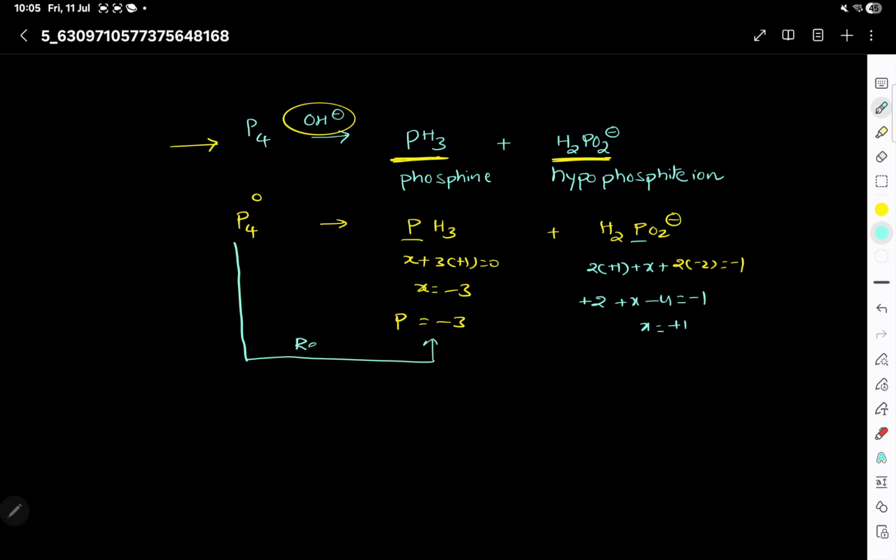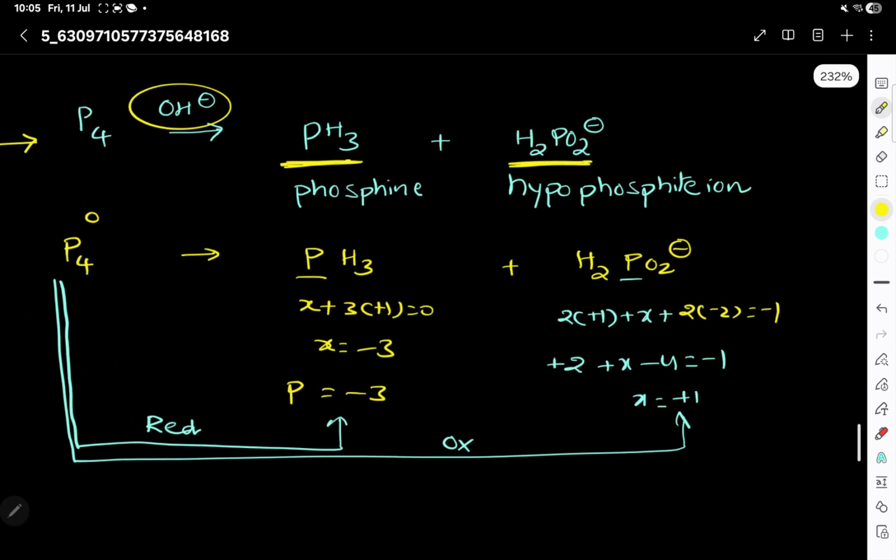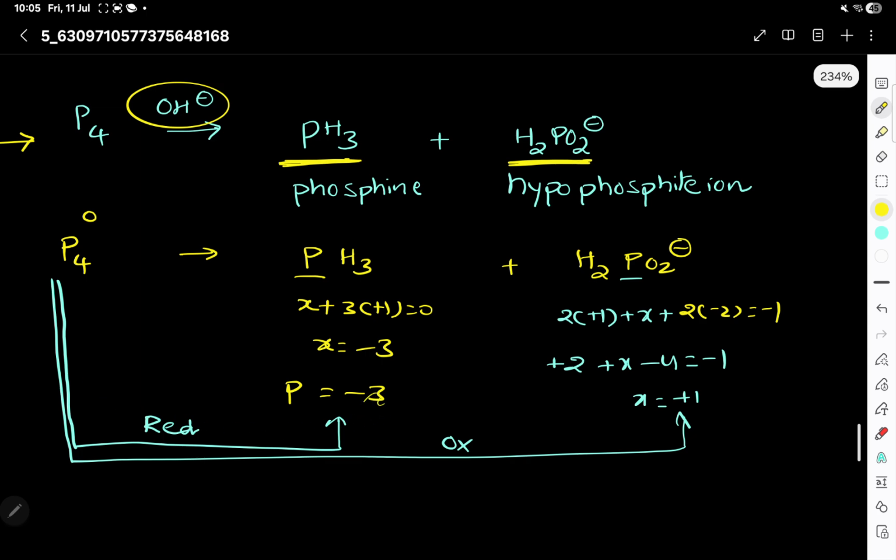From this, what I observed: phosphorus in the free state has 0 oxidation state. From 0 to minus 3, it decreases, that's why it is called reduction. From 0 to plus 1, it increases, and an increase in oxidation number is called oxidation. So the same element undergoes both oxidation and reduction, giving different oxidation states in different compounds. From phosphorus to minus 3, reduction takes place. From phosphorus to plus 1, oxidation takes place.